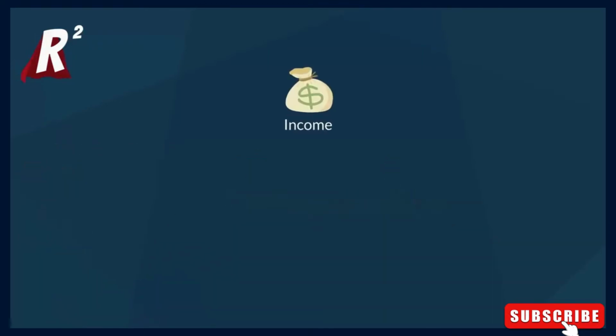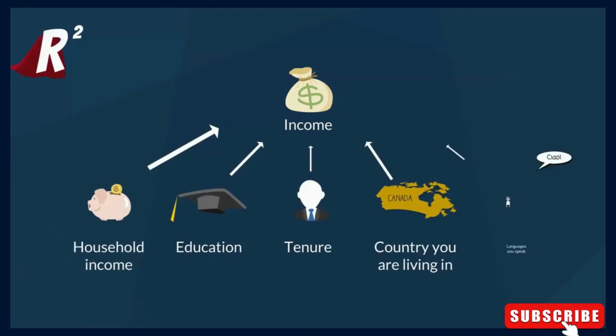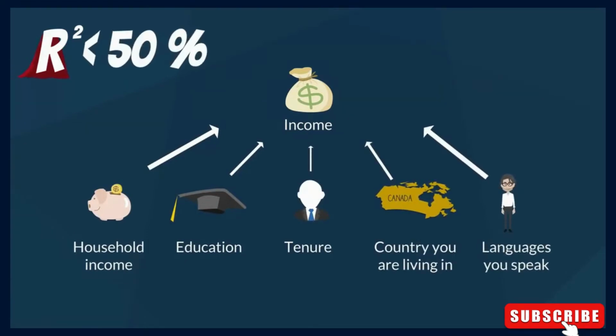Think about income once more. It may depend on your household income, including your parents and spouse, your education, years of experience, country you are living in, languages you speak, and this may still account for less than 50% of the variability of income. Your salary is a very complex issue, but you probably know that.